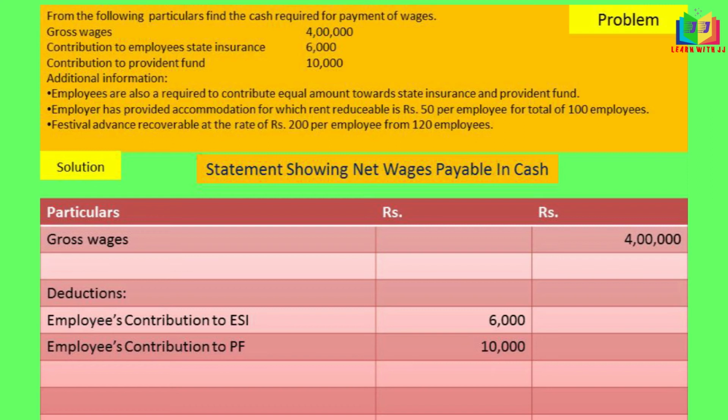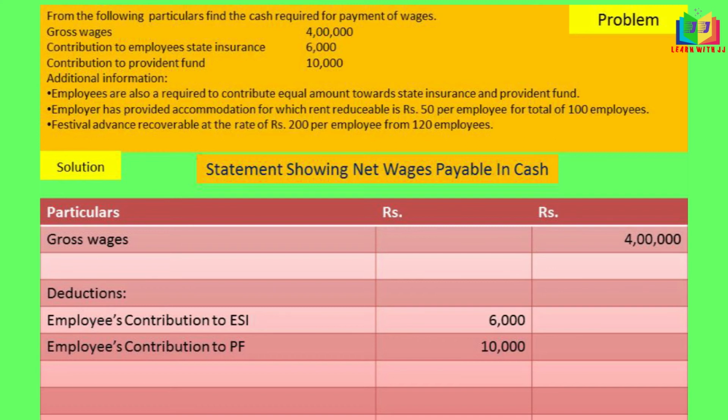Here one thing you have to note down, that we have to consider only the employees' contribution to ESI and the employees' contribution to PF. We should not worry about the employer's contribution here, because there is no role here for the employer's contribution towards ESI and PF.